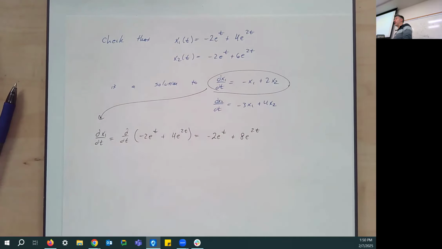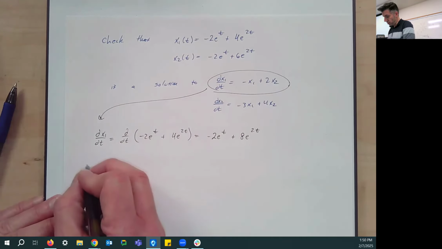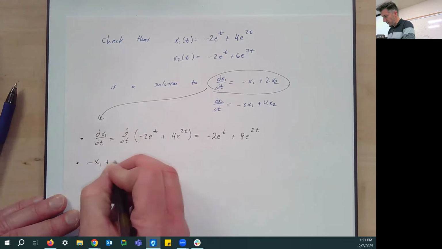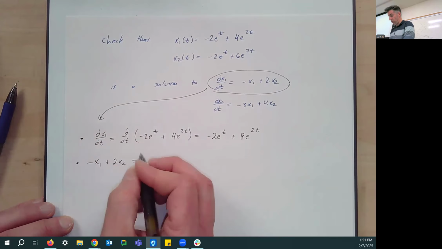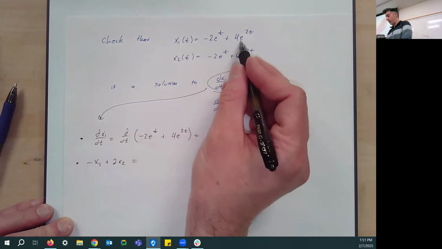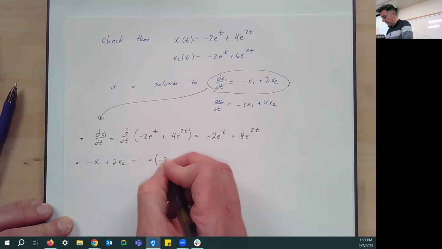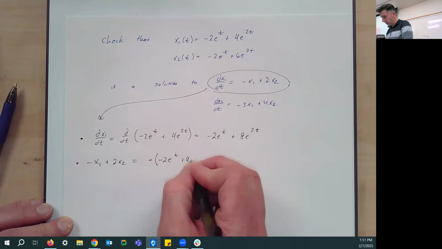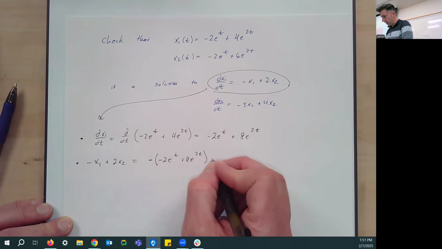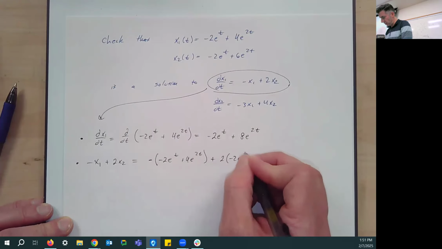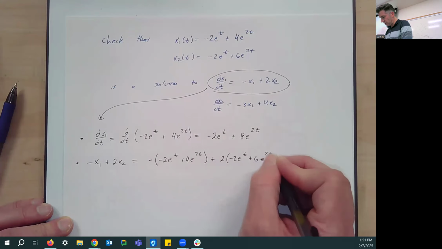Cool, let's check the other side of the equation. Negative x1 plus 2x2. I'm just going to replace x1 with all of that and x2 with all of that. That's going to be negative 2 e to the t plus 4 e to the 2t plus 2 times x2, which is negative 2 e to the t plus 6 e to the 2t.